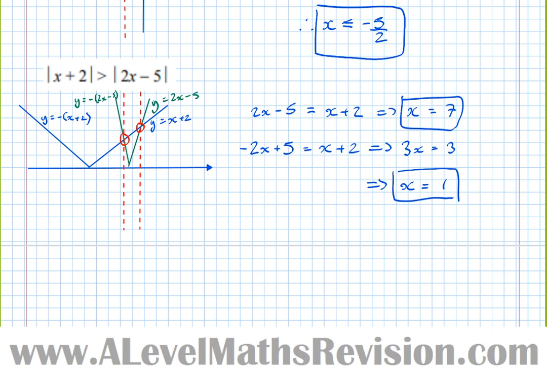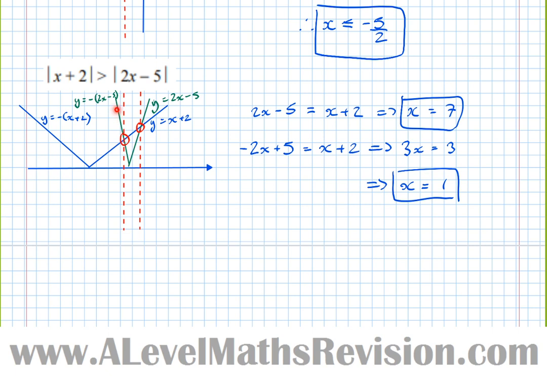So as we can see, 3 strips, one here, a narrow one here, and another one here. We want the strip or strips where the x plus 2 modulus graph is above the 2x minus 5 graph.